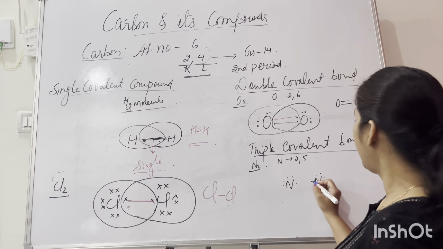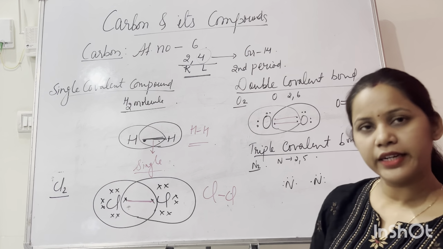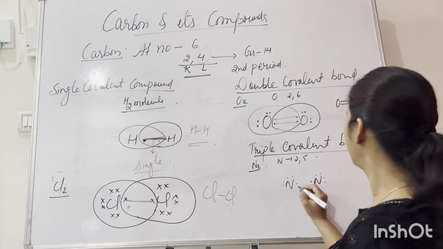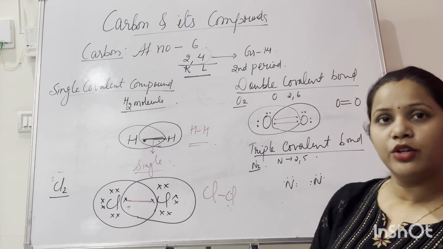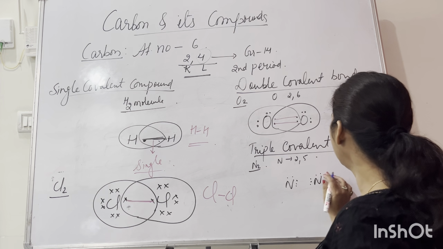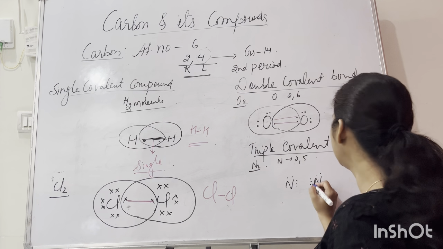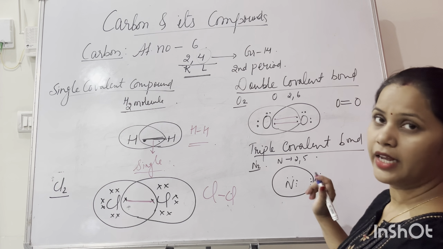Now, suppose nitrogen shares 1 electron with each other, will the octet be complete? नहीं होगी. अगर 2 electron share करें तो क्या octet complete होगी? नहीं होगी. That is why nitrogen shares 3 electrons with each other to complete the octet. 1, 2, 3, 4, 5, 6, 7, 8.